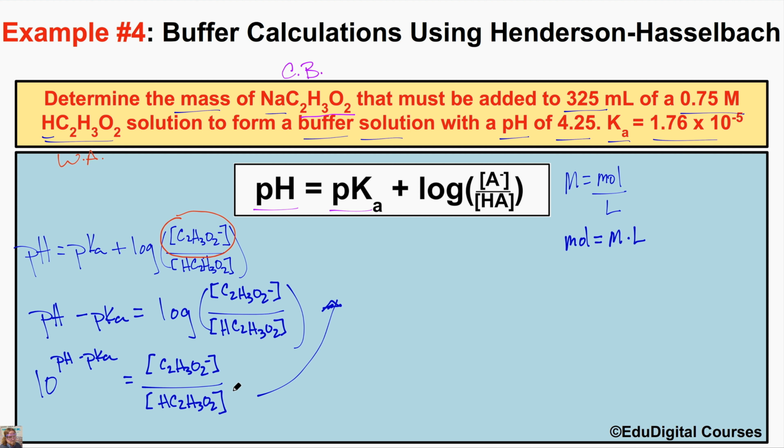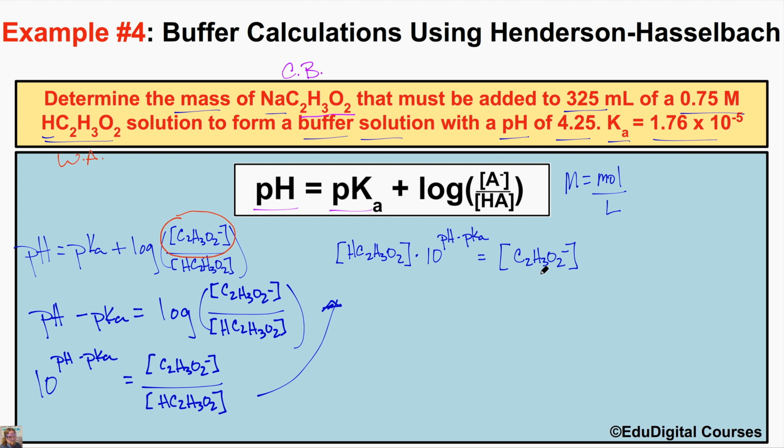So if we multiply both sides by this right here, we'll be left with the concentration of our weak acid, HC2H3O2, times 10 to the pH minus pKa, and this is going to equal the concentration of our conjugate base, C2H3O2-.